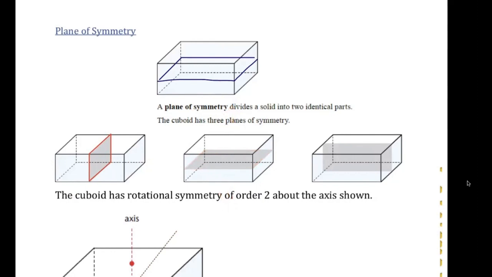And the third plane of symmetry is from this face, you pass a plane like this, so that the front and the back are separated. Can everyone visualize the planes of symmetry of a cuboid? Yes or no?